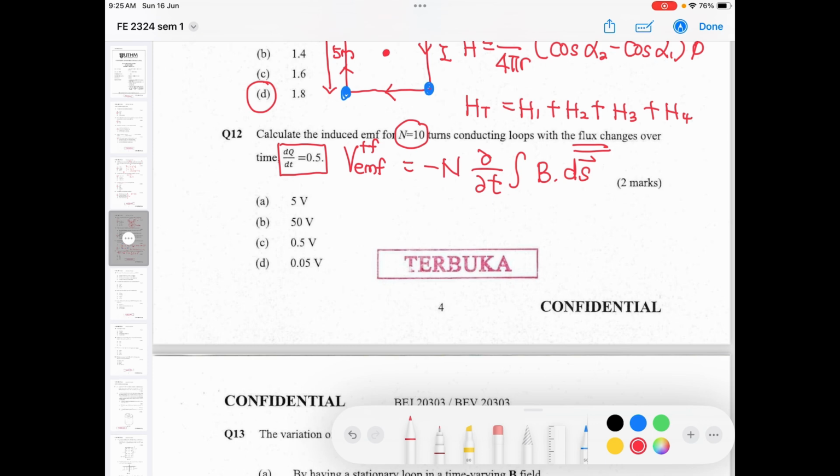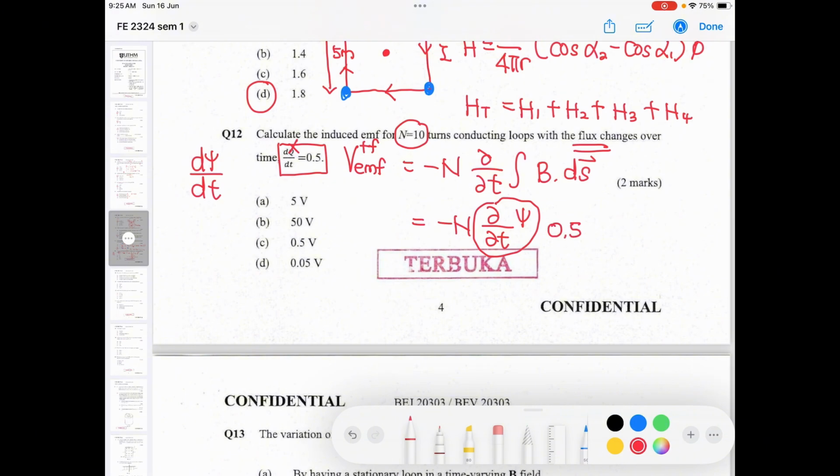The flux change over time, I think, should be equal to dΦ/dt. Yeah, it's not a dQ. So it means that this one is equal to 0.5.